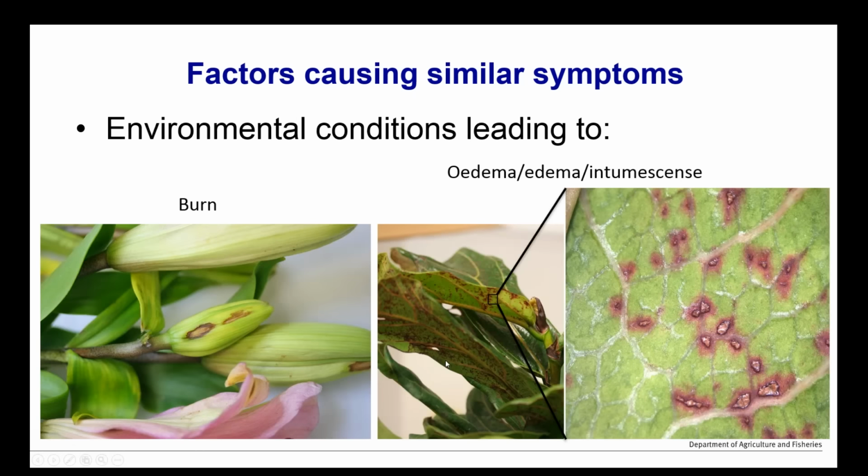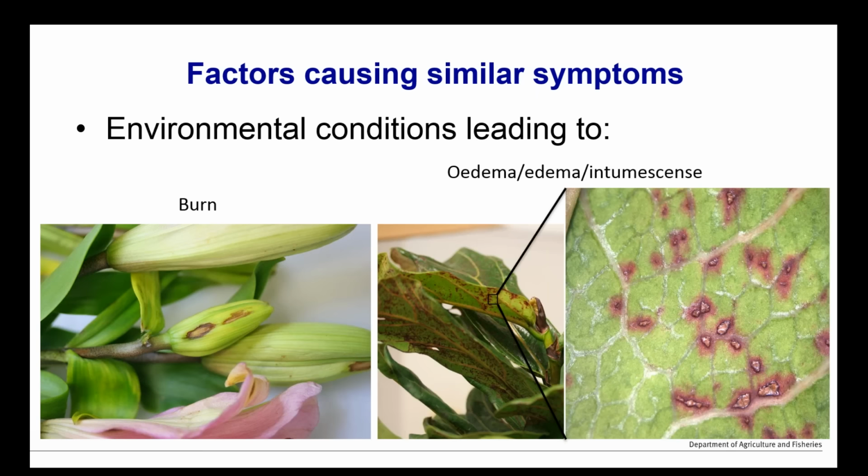Okay. So factors that can cause similar symptoms: burn. While it's sometimes a phytotoxic reaction, other times it can just be environmental conditions. It can often appear very similar, and it's probably a similar reaction in the plant. Edema.